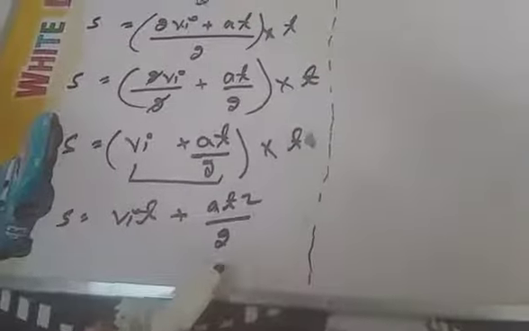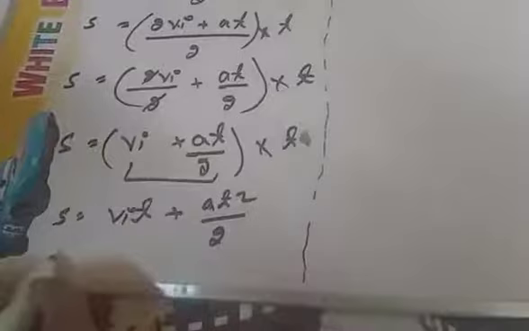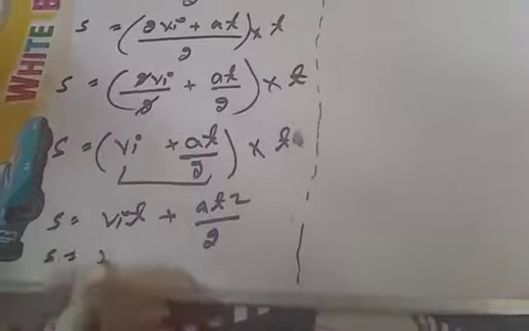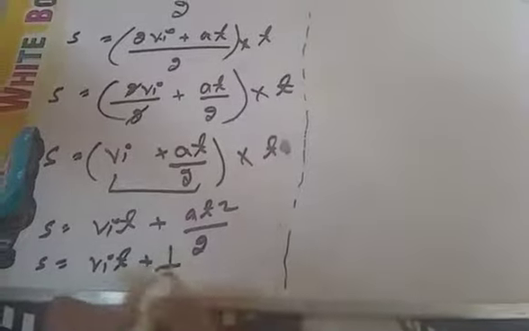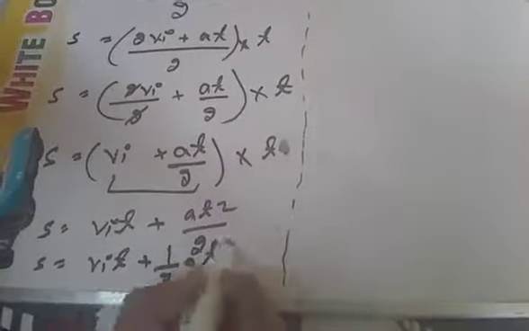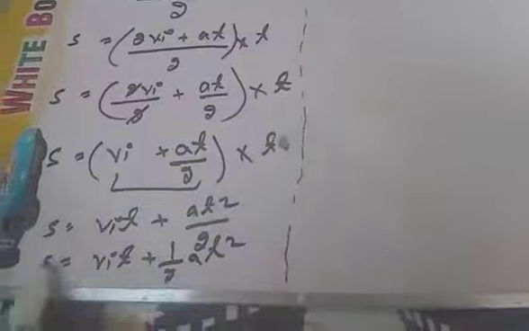So we can write S = Vi t + 1/2 a t². So we have proved this equation.